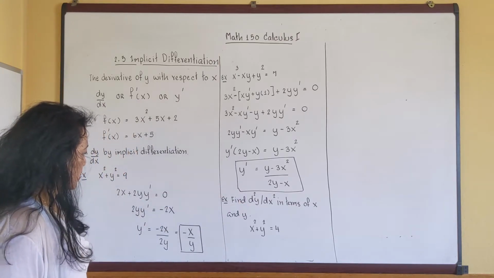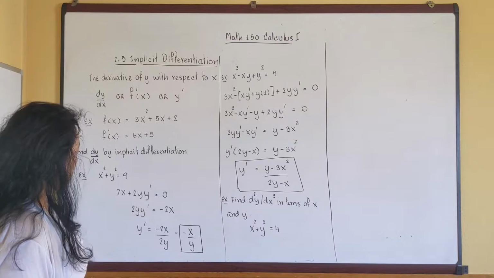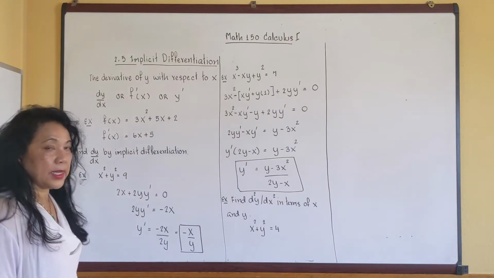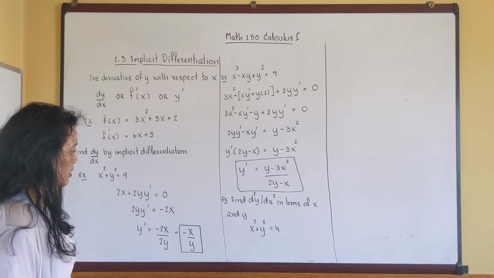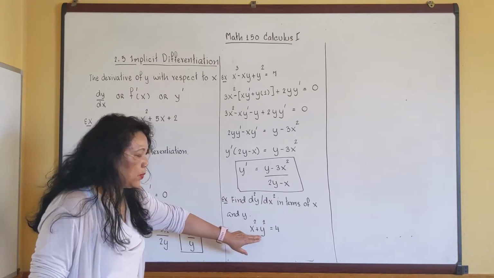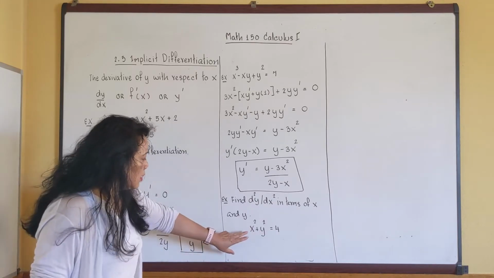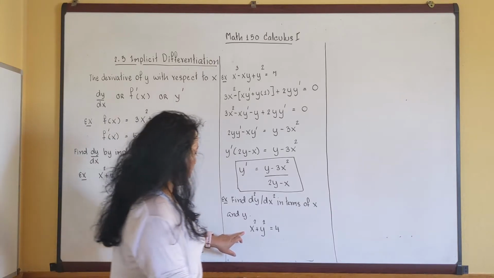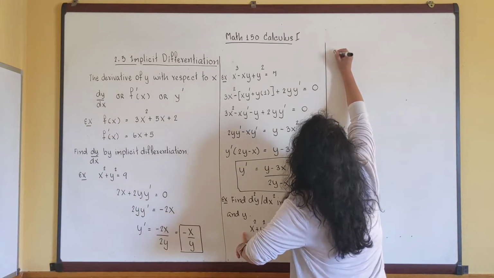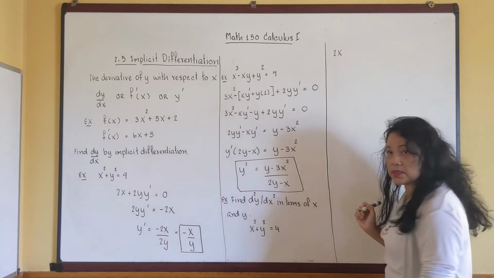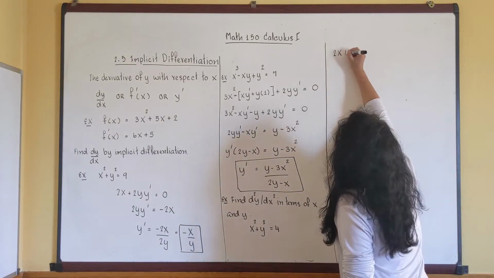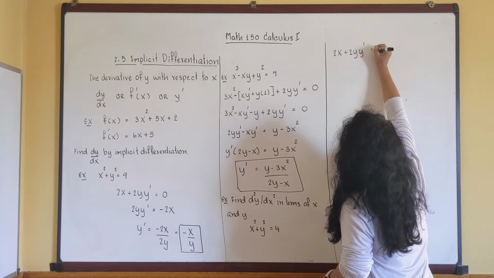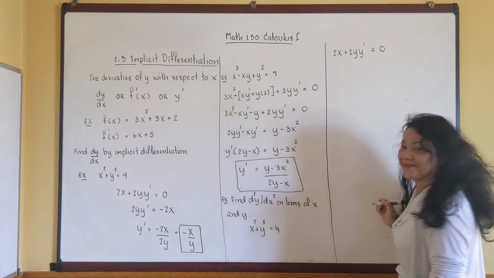Now the next one, they did not ask for dy over dx, they need the second derivative. We're going to do the same thing, we just have to take the derivative twice. So I have x squared plus y squared equal to 4. 2 terms on the left, 1 term on the right. On the left side, from the first term I'm going to have 2x, and from the second term I'm going to have 2y y prime, equal to 0.